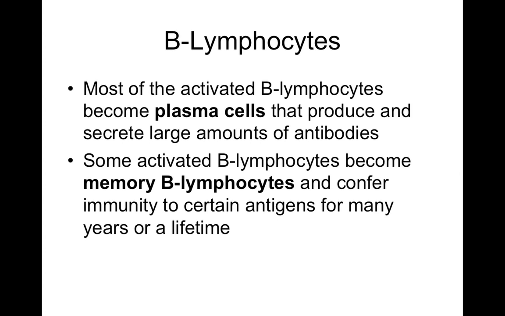I'm going to hang back and just remember this for a later date, whenever it comes back. These memory cells go dormant in your lymphoid tissue, like your lymph nodes, your tonsils, your bone marrow. And these memory cells store a memory of that infection. That way, if you're ever exposed to that antigen again, you have memory cells ready to go, and you can initiate an immune response much more quickly.